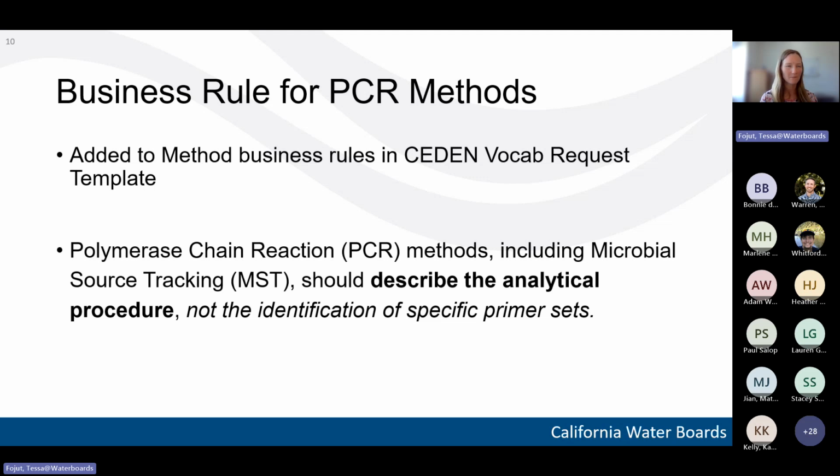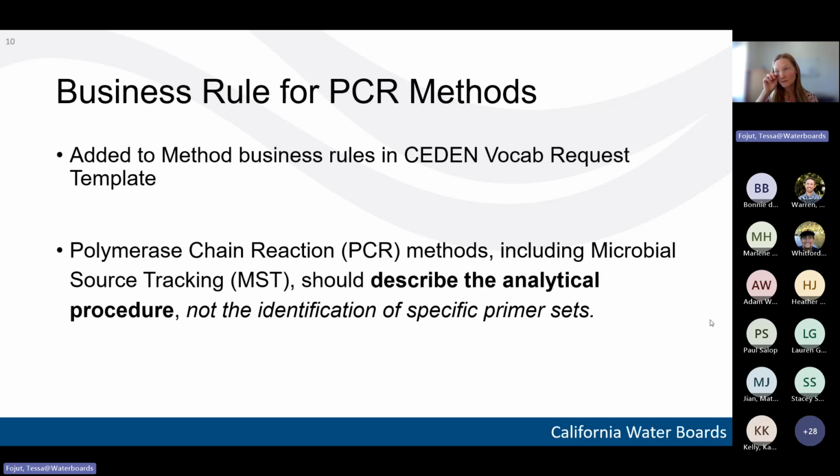A lot of the existing methods that we had for PCR constituents were really journal articles describing the identification of that primer set. But really the method should be the analytical procedure used to analyze that primer set.